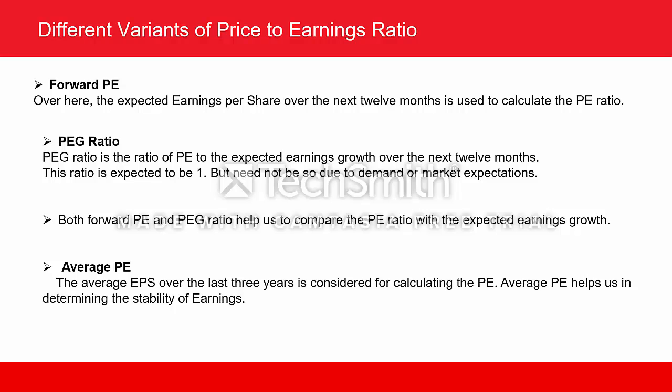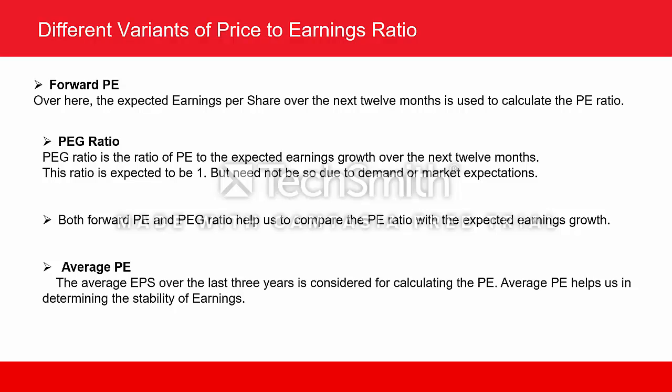Generally, it's a perception that if the earnings growth is 15, the PE ratio also needs to be 15. But it may not be the case due to various factors, or there could be heightened demand for this particular company. So this may not always be the case, but people try to establish a ratio between PE and the earnings growth over the next 12 months. So both forward PE and PEG ratio help us to compare the current PE ratio with the expected earnings growth.